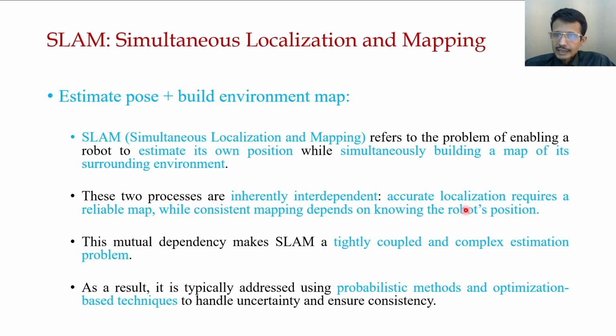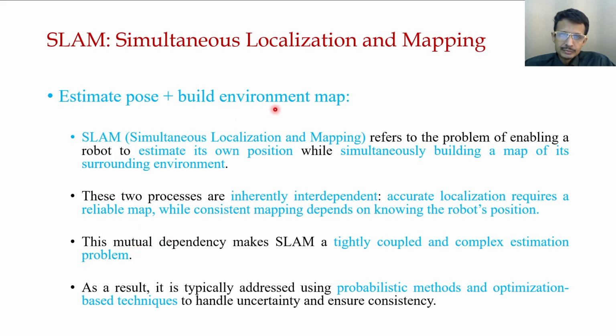Accurate localization requires a reliable map, while consistent mapping depends on knowing the robot's position. So those two things are very much interconnected. This mutual dependency makes SLAM a tightly coupled and complex estimation problem. So as a whole, it's an estimation problem, right?